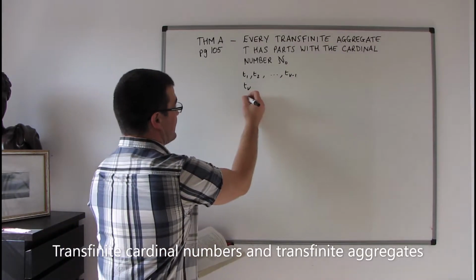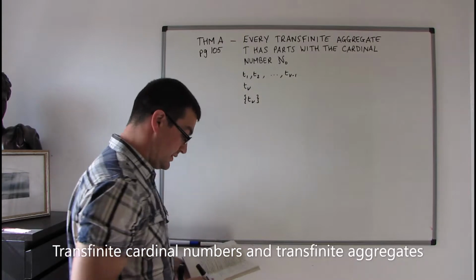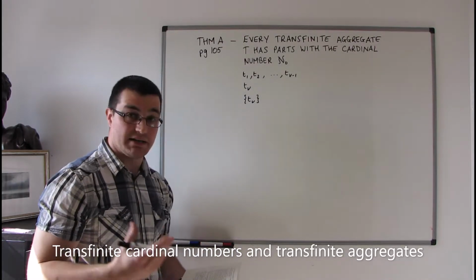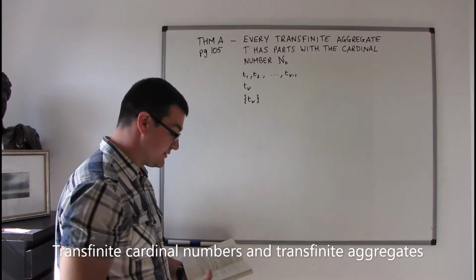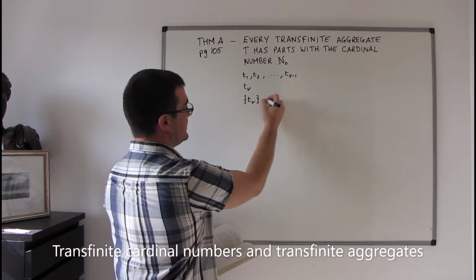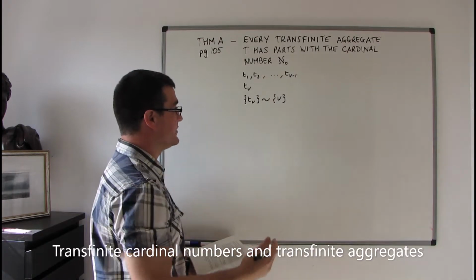So therefore the aggregate T nu, where nu denotes any finite cardinal number, is a part of T with the cardinal number Aleph naught, because T nu is similar to nu in the obvious kind of way.